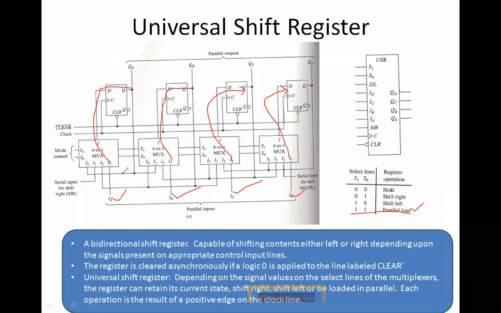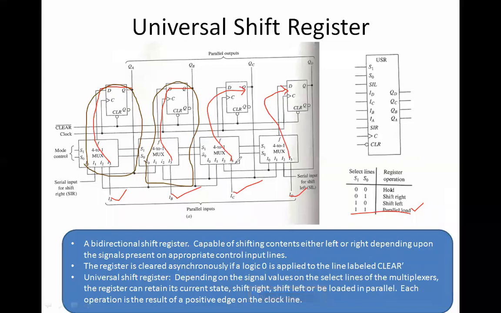So this is clear. The only connection you will have to look into is your hold connection, which means you have to create a loop. The path should be a loop here for I0. Similarly here, if I0 is selected, you should see that a loop is created.